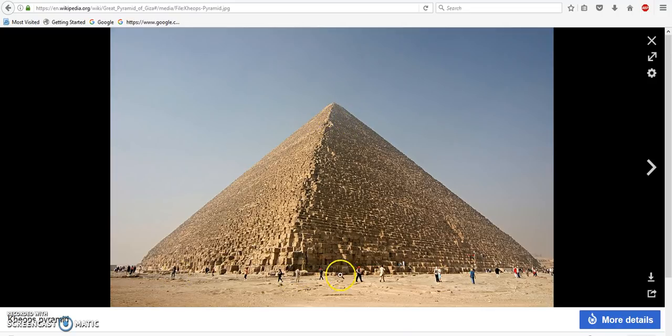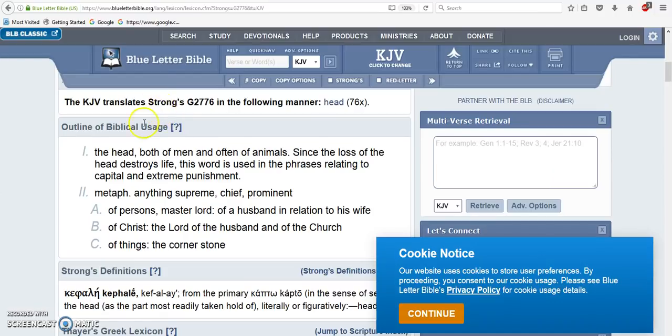But he's also the foundation that the temple is built on. It's built on the rock, and Jesus is the rock, so he's the foundation as well as the capstone of the temple.